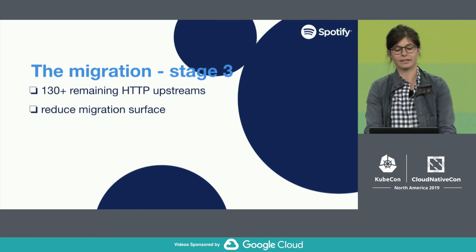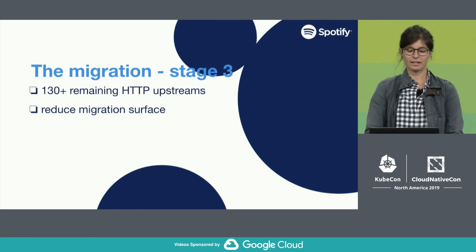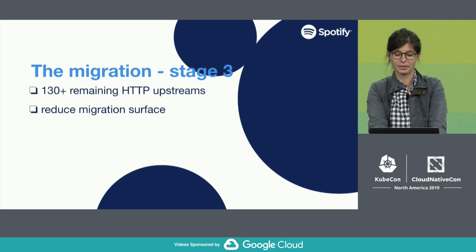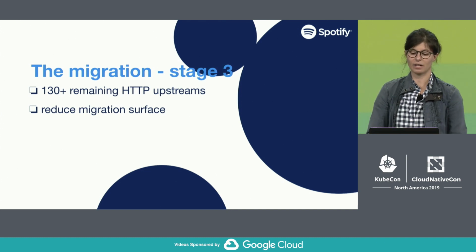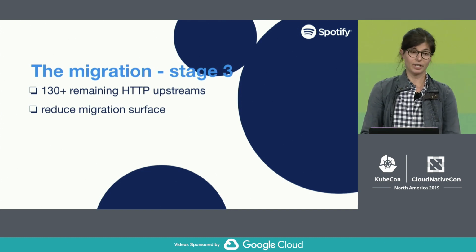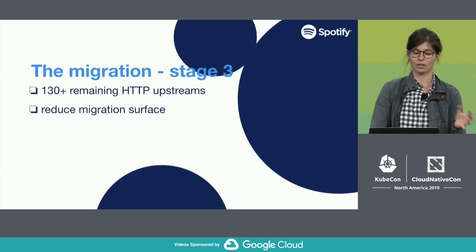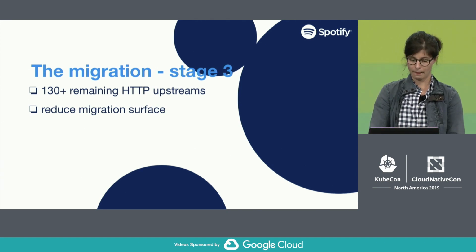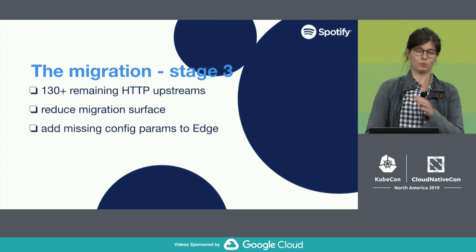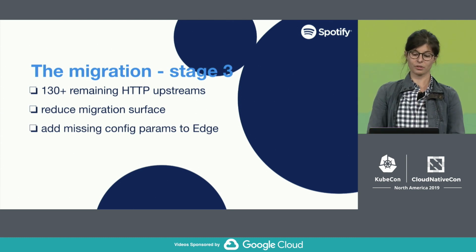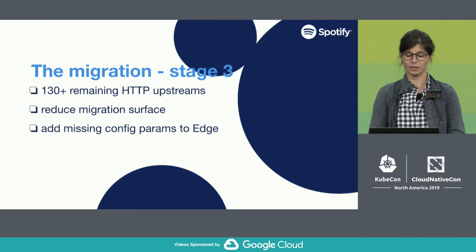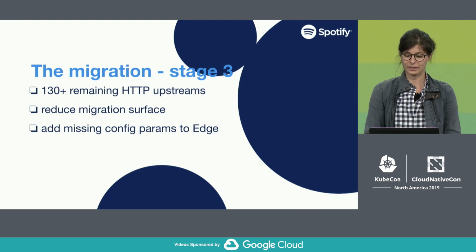Vladimir mentioned earlier that the old web gateway had 25 different configuration parameters. Before just adding them to Edge blindly, we took a step back and evaluated each config option in the context of a use case. If we found that there was no strong use case for a particular configuration option, then we simply dropped it.